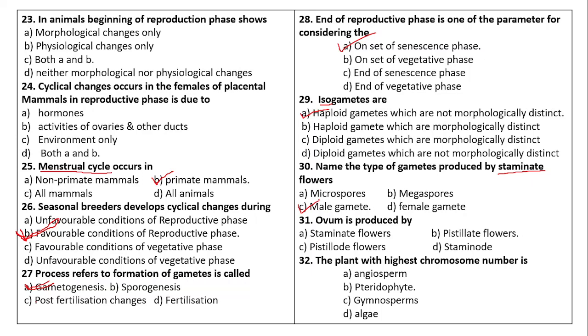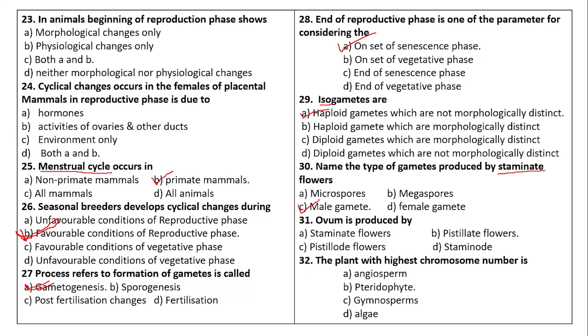Ovum is produced by: staminate flowers, pistillate flowers, pistillode flowers, or staminode flowers. Do remember that the word staminode means sterile stamens, and pistillode means sterile pistil.